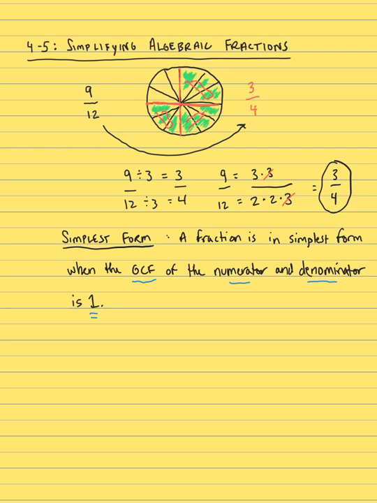If I look at 9/12, 9/12 was not in simplest form because the GCF of numerator and denominator was 3, but 3/4 is in simplest form because the GCF of numerator and denominator is 1, right? Okay. But how do we get there?